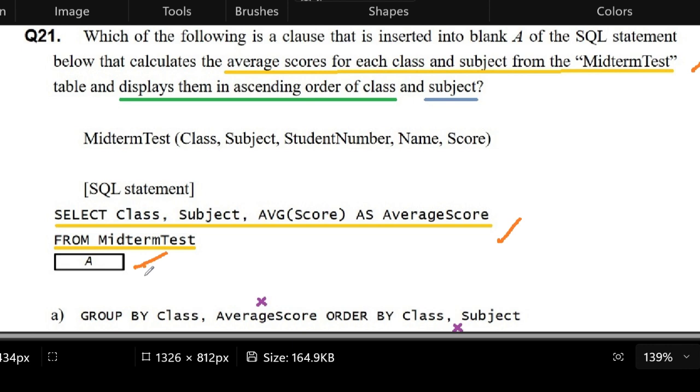Now what about for blank A? We need to display them in ascending order of class and subject. So we need to know how to display them in ascending order.